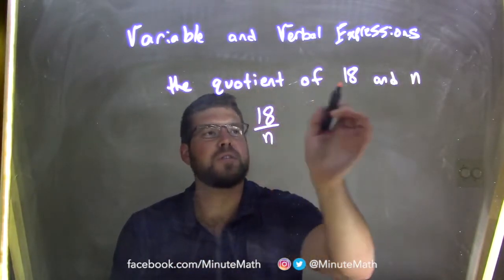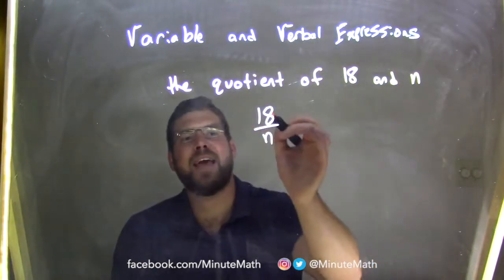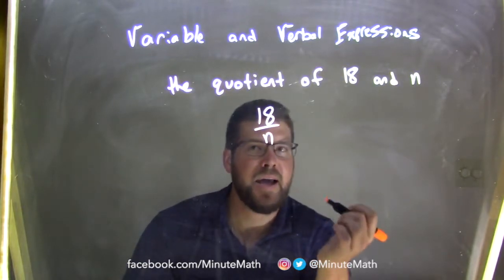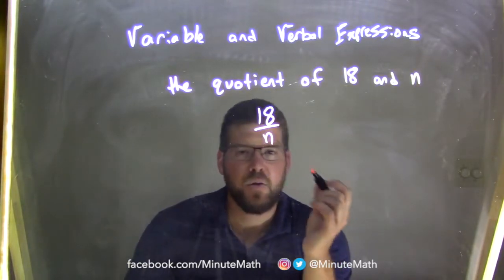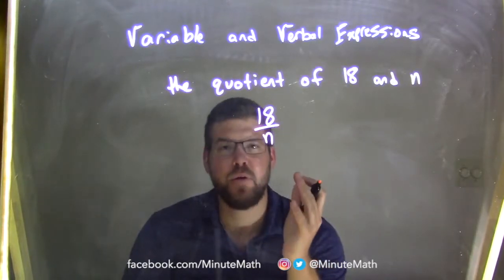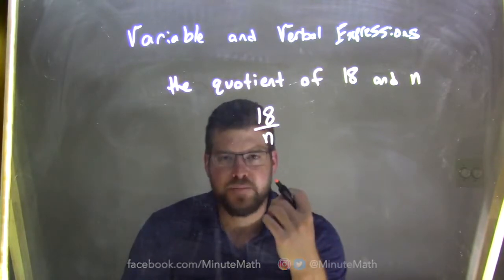So the quotient of 18 and n can be written as a variable expression as 18 over n, 18 divided by n. Quotient, divided, quotient, divided. That should be ingrained in your head when you're thinking about it. Whenever you see the word quotient, you should be thinking of division.